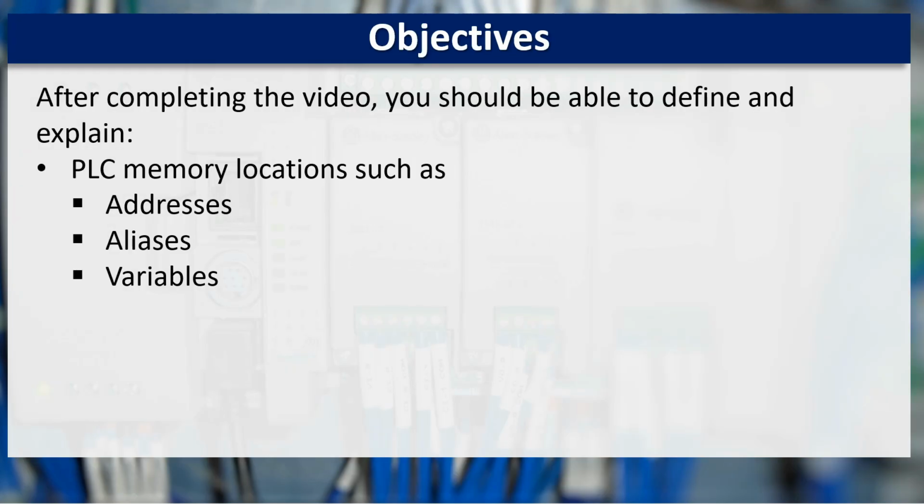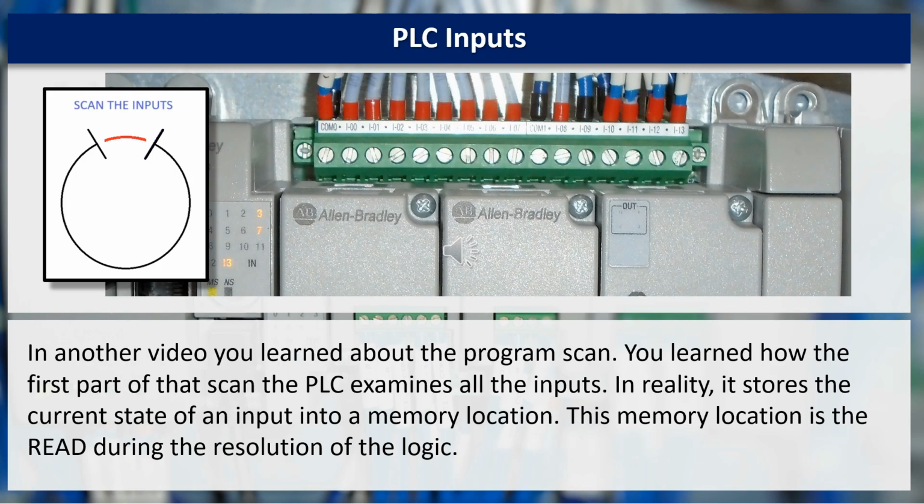After completing this video, you should be able to define and explain PLC memory locations such as addresses, aliases, and variables. In another video, you learned about the program scan. You learned how, in the first part of the scan, the PLC examines all the inputs. In reality, it stores the current state of an input into a memory location.